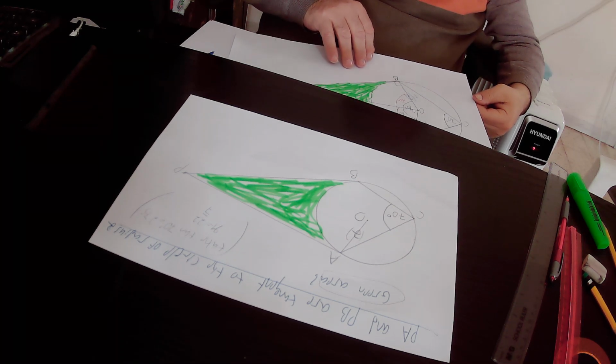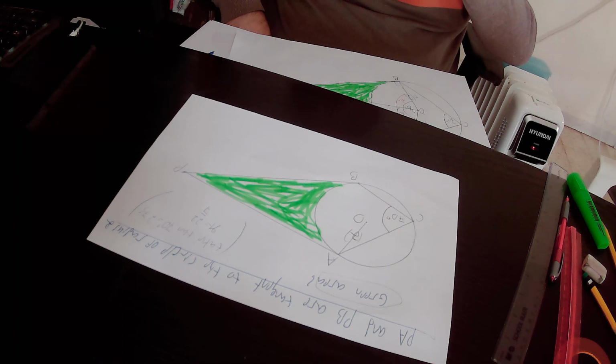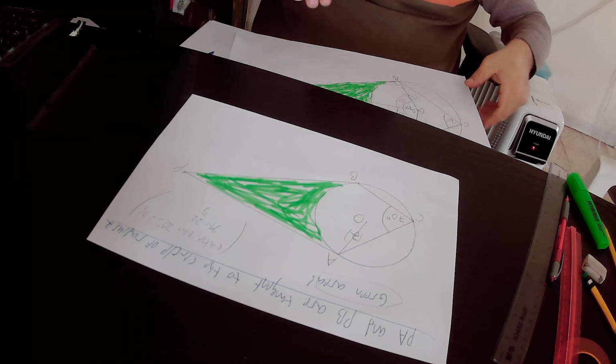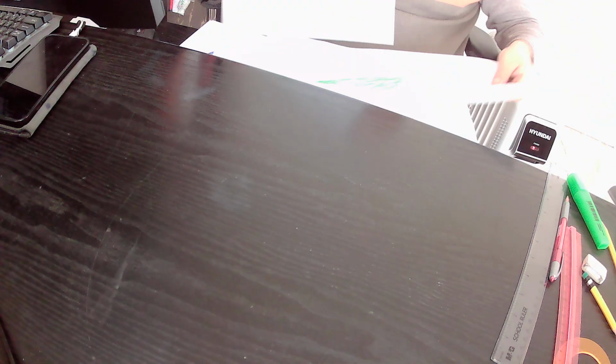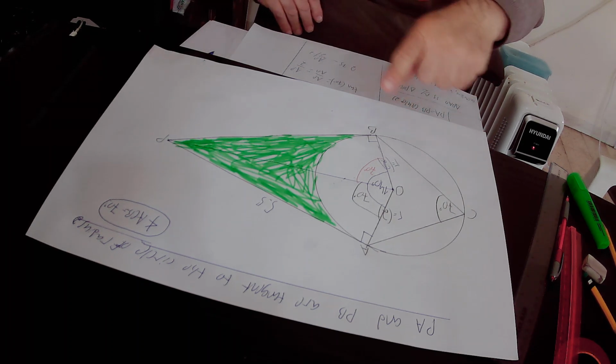So first of all, we join points O and B together by a straight line. Point O is the center of this circle. Point B is a point on the circle itself. Therefore, OB is the radius of this circle. This is equal to 2.